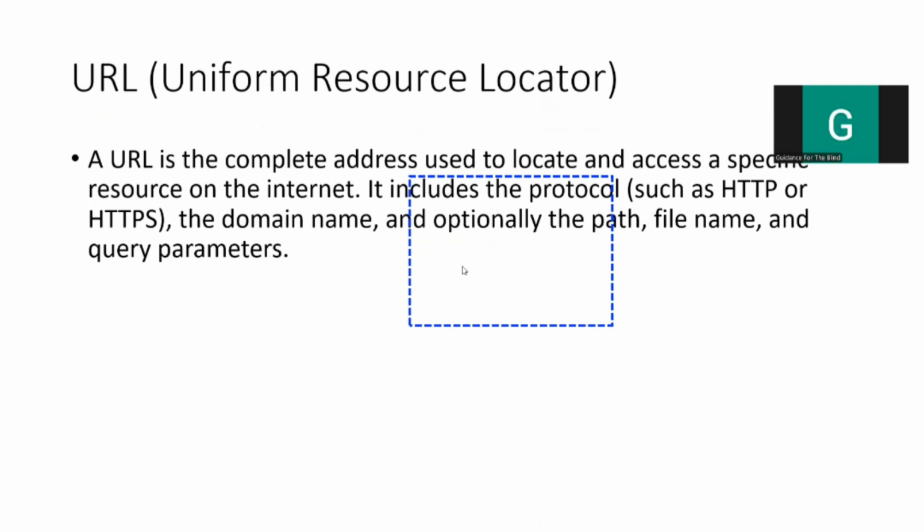So we have the first thing, that is URL. Whenever we search for a website using a URL, we find it easily, rather than when we search it using a Google search result.